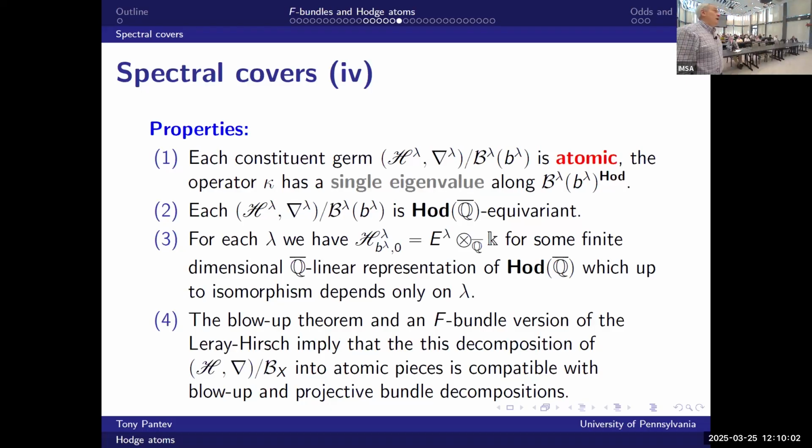And the Bohr theorem, and there is some version of the Lefschetz-Hirsch theorem which I didn't mention, which is the decomposition for projective bundles for F bundles. They imply that this decomposition into atomic pieces is actually compatible both with blowups and projective bundles.